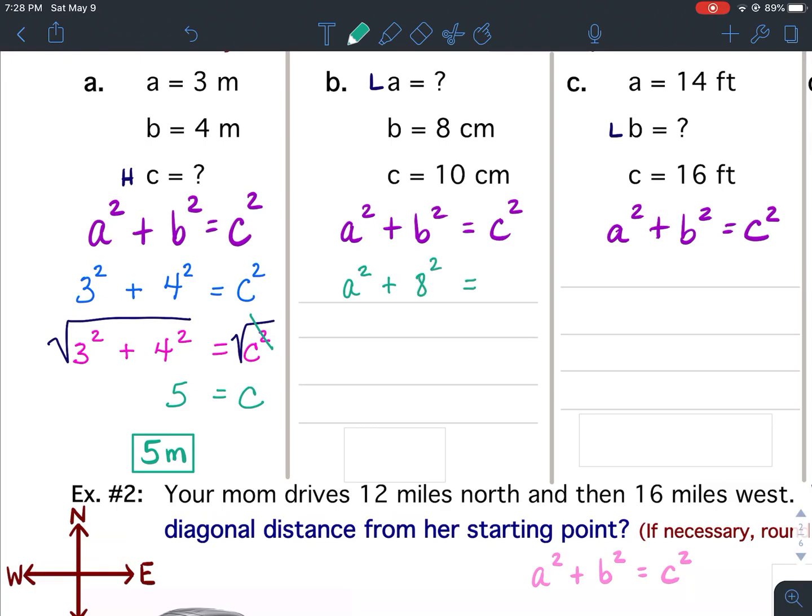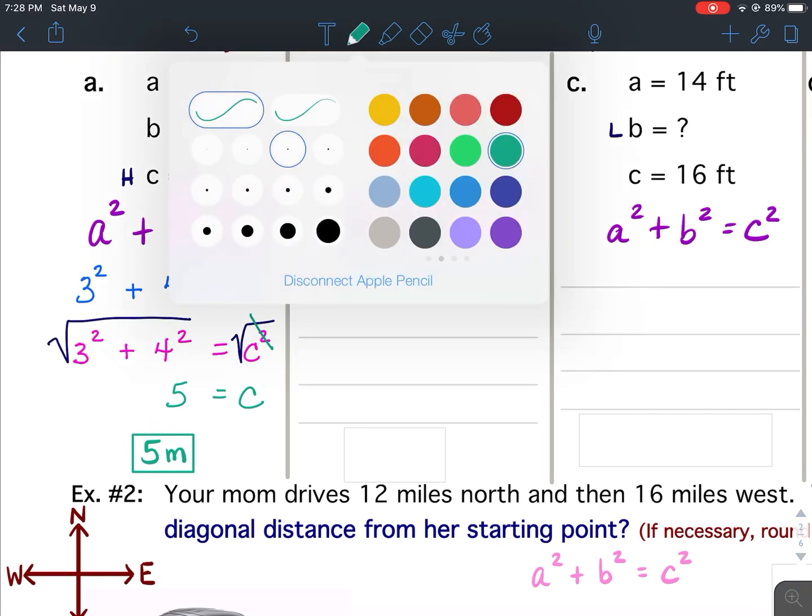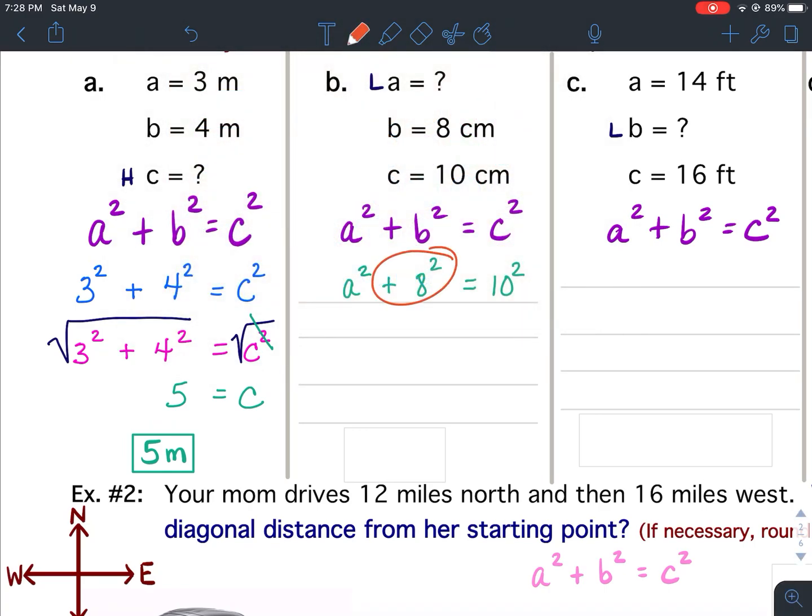And I know the hypotenuse is 10, so C is 10 squared. Now, this is a little different. I can't take the square root until A squared is by itself. So that means I need to get rid of this positive 8 squared. I need to use the inverse operation. So instead of adding 8 squared to both sides, I'm going to subtract 8 squared from both sides.